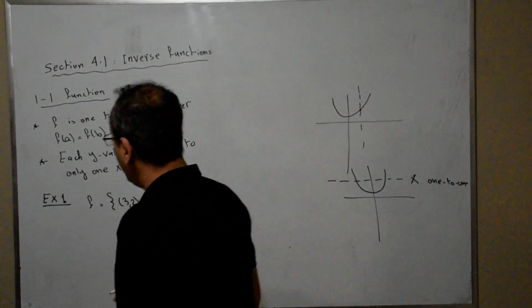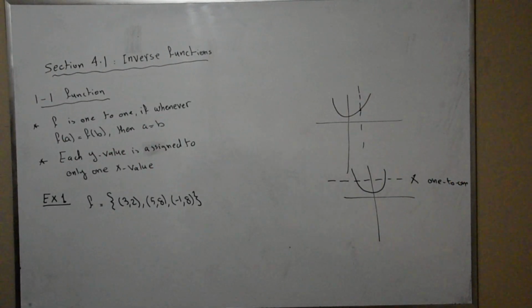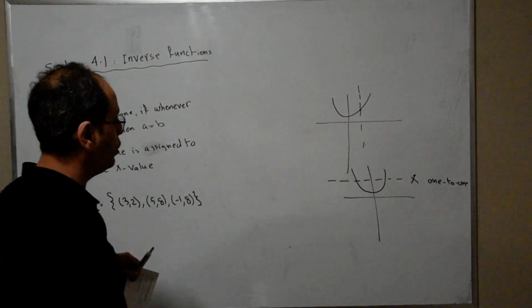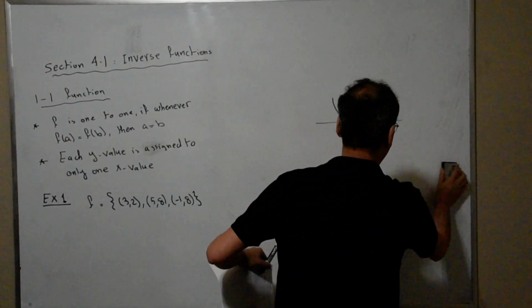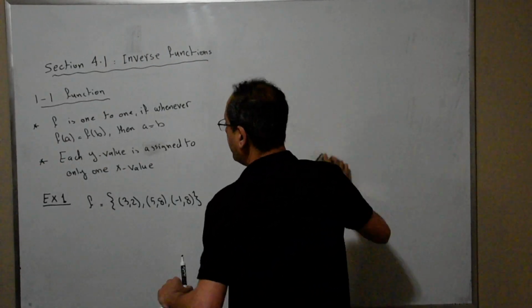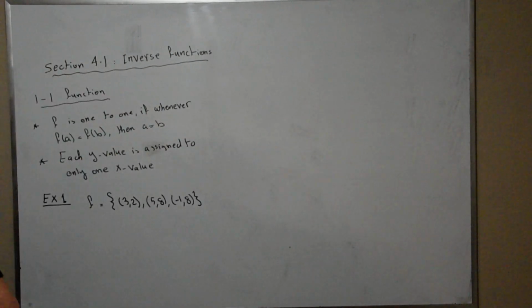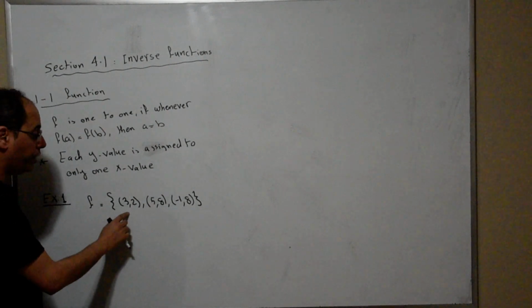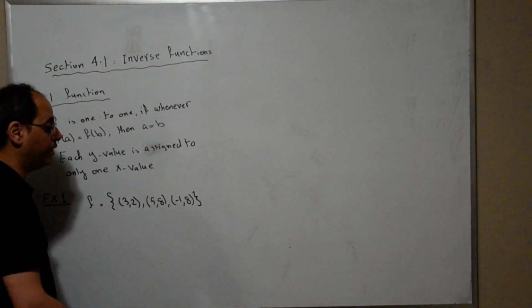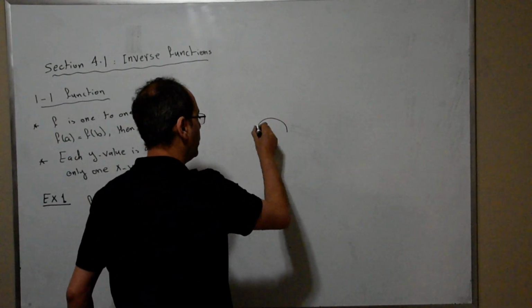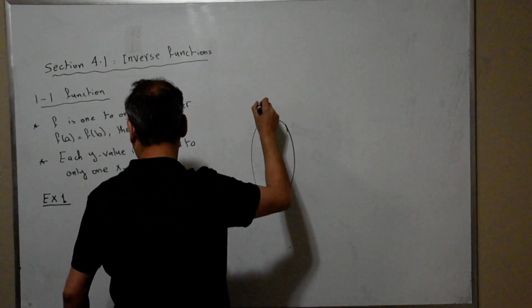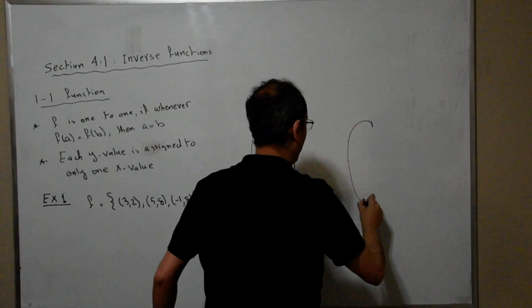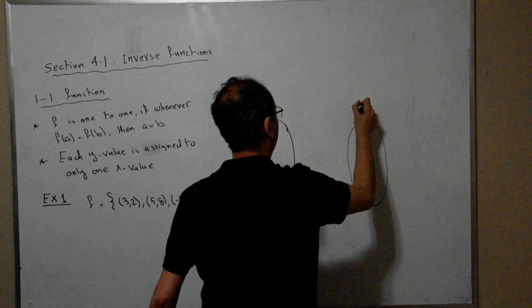Alright, let's get an example and see whether this function is one-to-one or not. I have f is (3, 2), (5, 8), and (negative 1, 8). Let's make this the domain, or x, and this y.